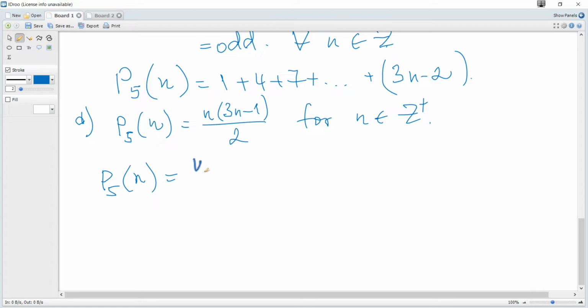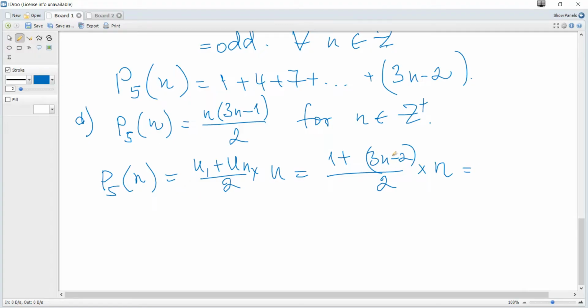The formula for the sum is u1 plus un over 2 times n, and it is equal to the first term, 1, plus the nth term, 3n minus 2, over 2, multiplied by n because there are n terms in total. When we simplify it, we can see that it becomes 3n minus 2 plus 1, which is 3n minus 1, multiplied by n over 2 as required.